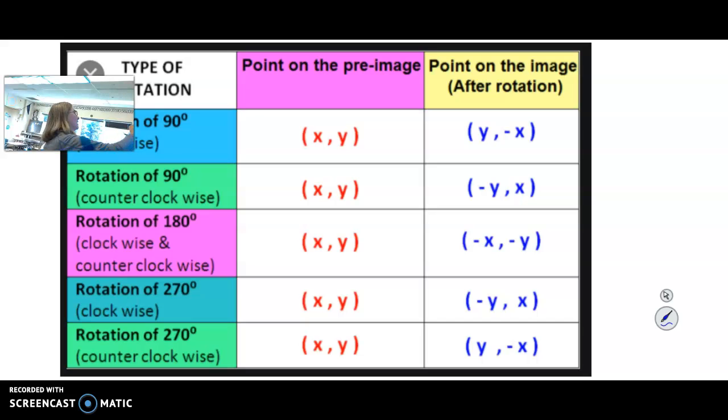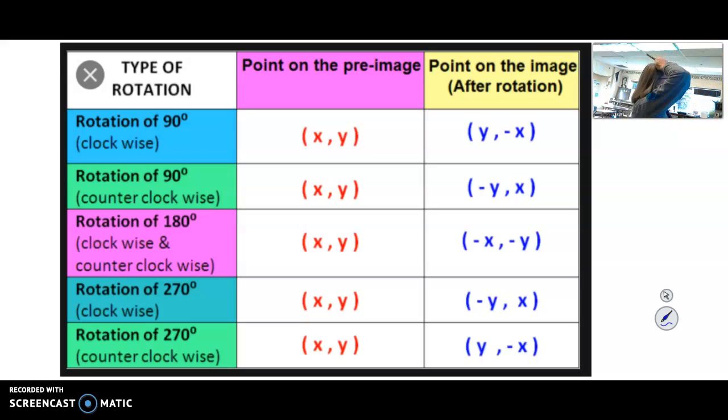In general, if you have a rotation of 90 degrees clockwise, and (x, y) is on the pre-image, then what happens to the coordinates is the x and the y flip-flop and the x becomes negative.